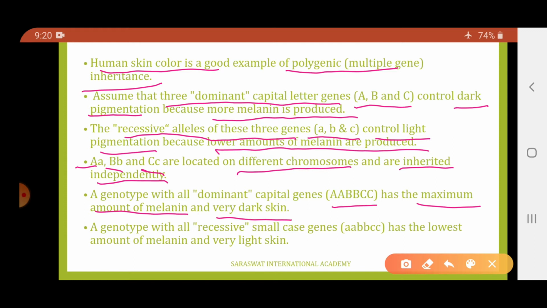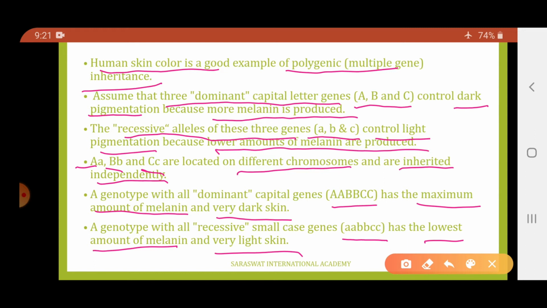Similarly, an individual with a genotype with all the recessive genes, that is small a, small b, small c, will have the lowest amount of melanin and their skin color will be very light.